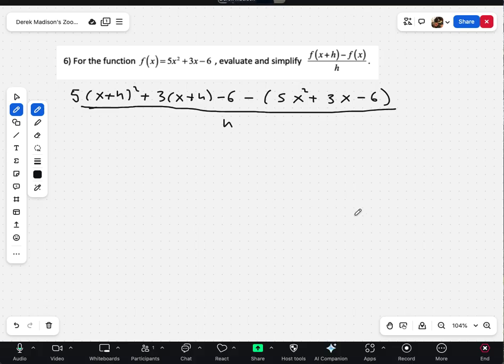So this we're going to need to expand out, and I am going to go ahead and do this little bit of scratch work, mostly so I don't have to rewrite this 2 times because it's kind of cumbersome. So x times x is x squared, x times h is xh, and then on the inside we'd have hx, but let's write it in the same order, xh, and then h times h on the end is h squared. Again, if you remember that shortcut, that's cool.